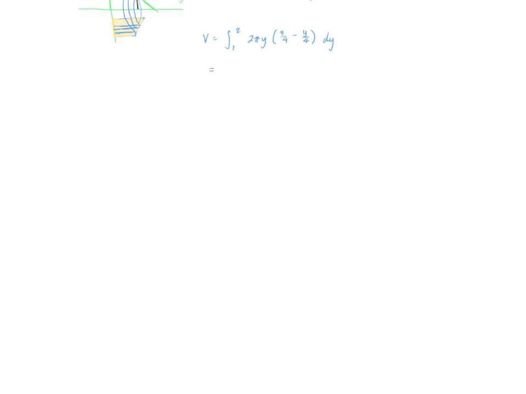Pulling out the 2 pi, let's see, instead of pulling out just the 2y, I think I'm going to pull out 2 pi and also 1/4, just to get rid of the fraction. So that will leave me with y times, factoring out a 1/4, this would be 3 minus y.